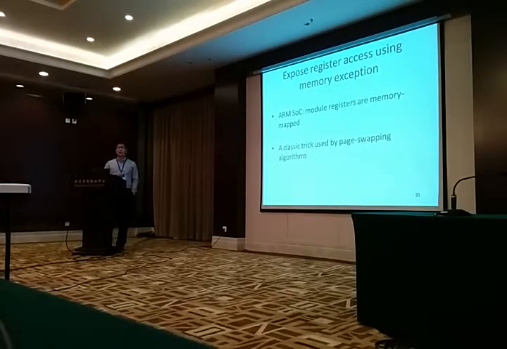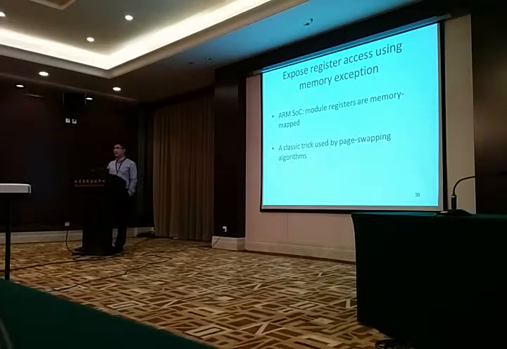So now the problem is, how can we monitor the register access? We utilize the fact that all the registers are memory mapped on ARM SoCs. So we use a monitor to periodically remove the read-write permissions of the memory region that is mapped to a module, so that the next register access to the module will cause a memory exception and thus be captured.